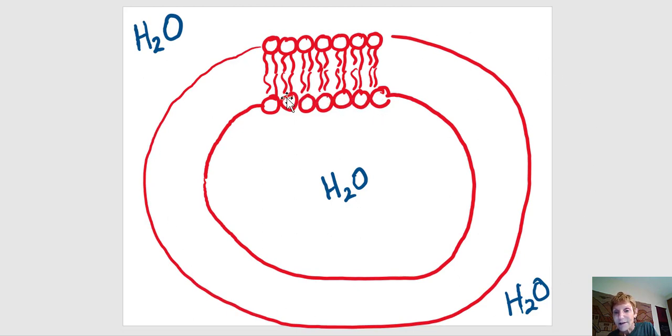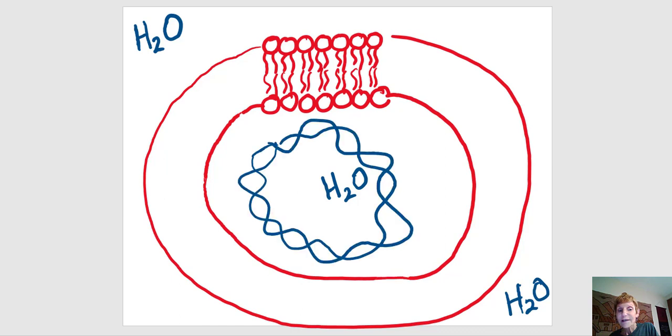The polar heads on the inside are facing the water all the way around, and the nonpolar tails are in the middle. And what if, fortuitously, you captured some DNA and some goodies? What would you have? You would have the first cells.